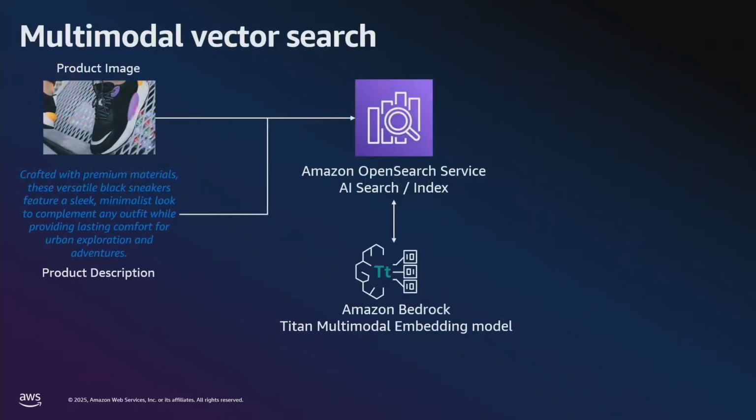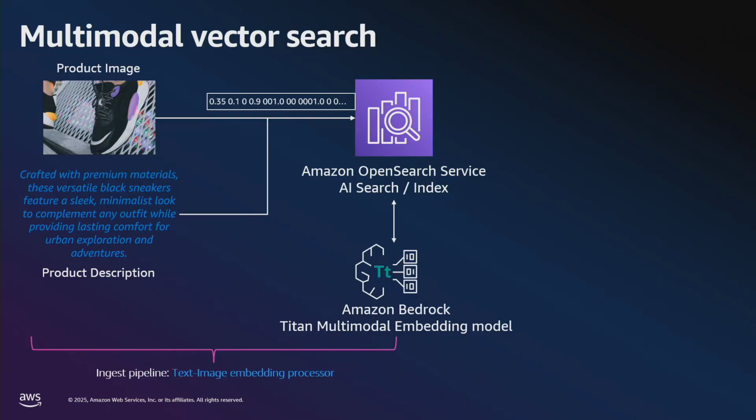Multimodal search comprehends an image the same way an LLM understands text, so that you can build chatbot applications using that. To implement that, along with the product description, we also pass the product image to the ingest pipeline. The ingest pipeline now talks to multimodal embedding models.